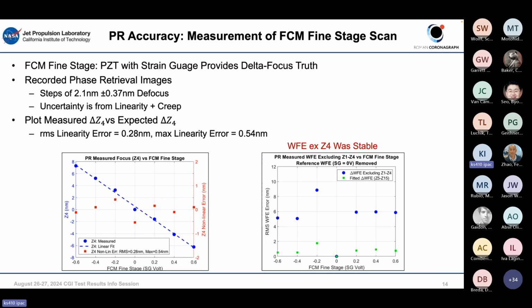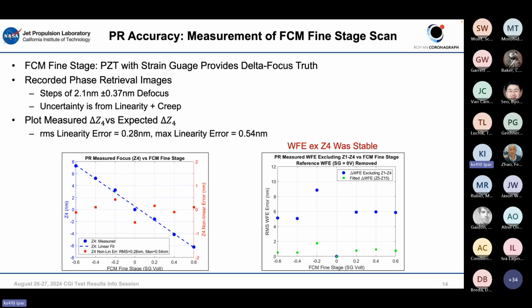The last requirement was accuracy. There's no absolute accuracy because there was no absolute truth to compare to. So what we did was a relative accuracy test, by moving the fine focus control mirror in small steps. That's the most knowledge we have to compare to truth.